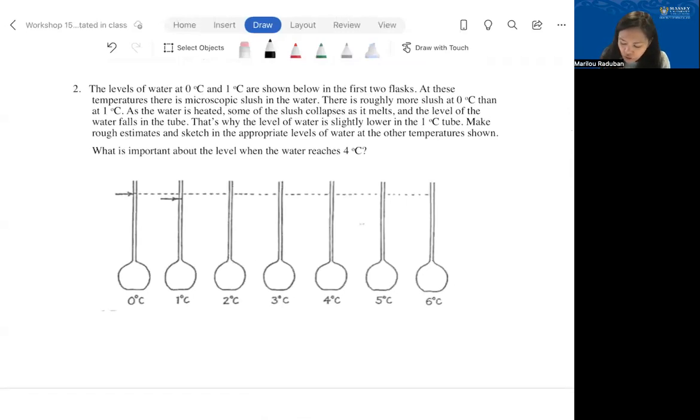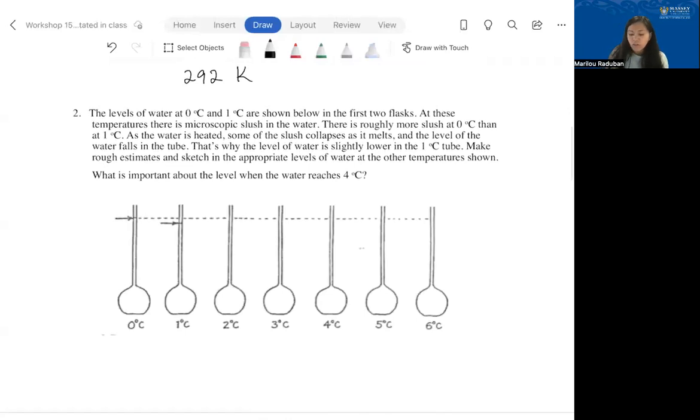Right. The second question deals with expansion of objects when they are heated, but water has a peculiar behavior. So starting from the higher temperature flask, the rightmost flask, 6 degrees Celsius, we know that water will have expanded there at 6 degrees Celsius.